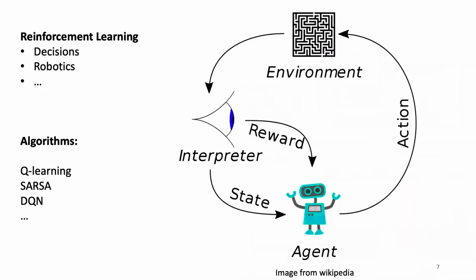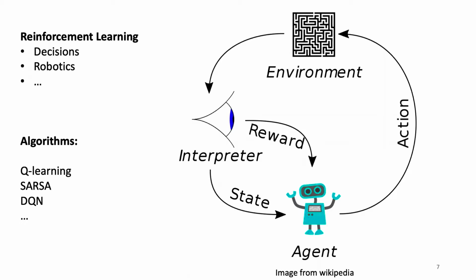The third area is reinforcement learning. It is a type of machine learning technique that enables an agent to learn in an interactive environment by trial and error, using feedback from its own actions and experiences. It is concerned with how agents ought to take actions in an environment in order to maximize the reward they can accumulate.